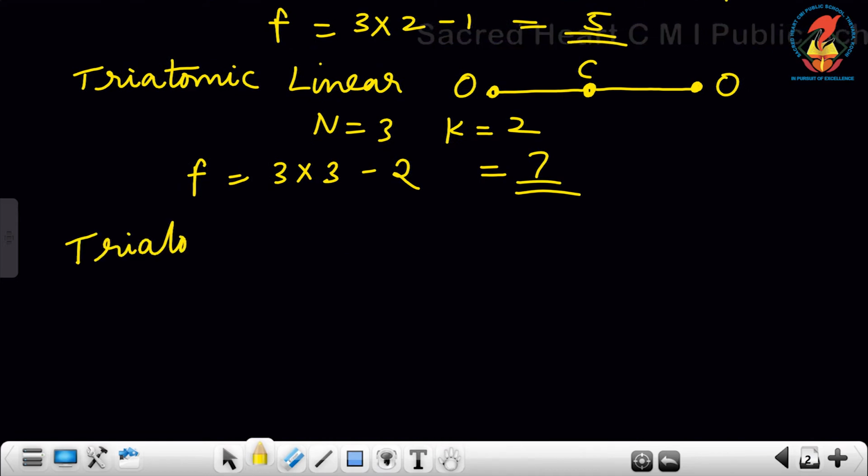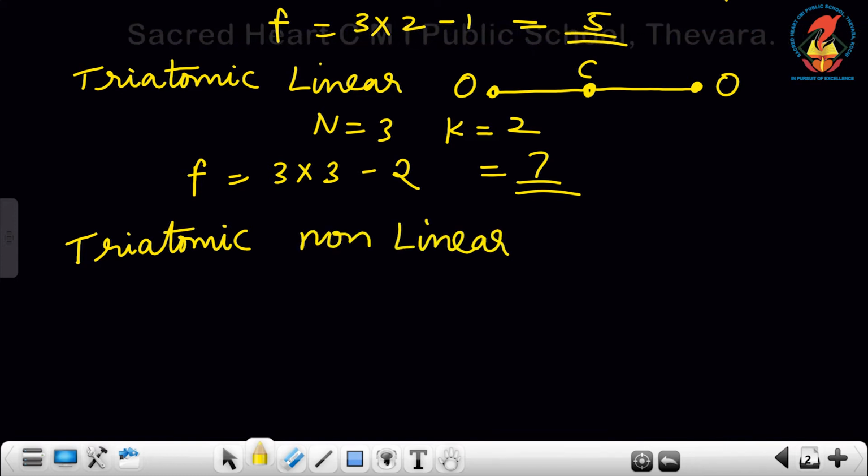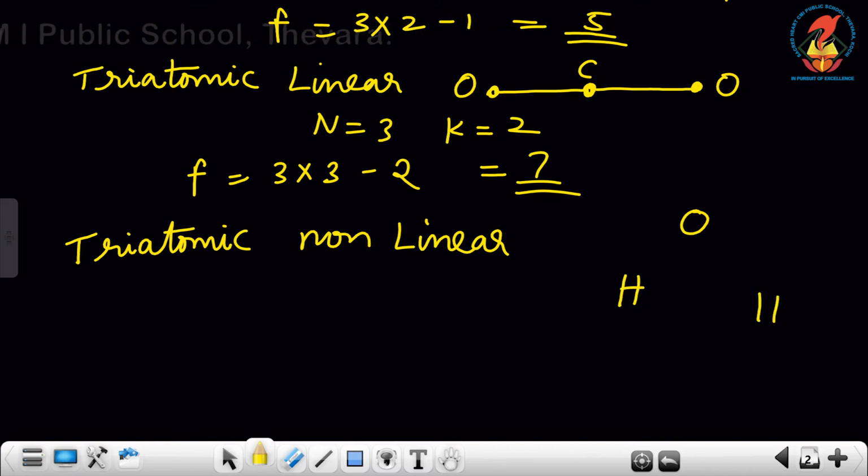Now, triatomic non-linear. For example, it's like this: H2O. You can make 3 connections between them: 1, 2, 3. I am not talking about the bonds. You can make 3 connections between them like this.